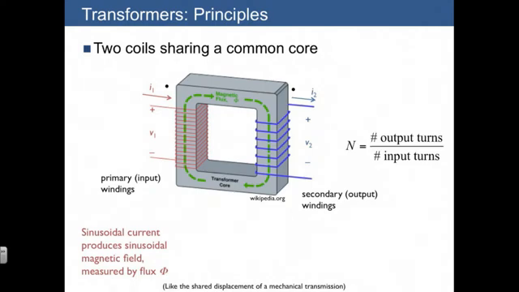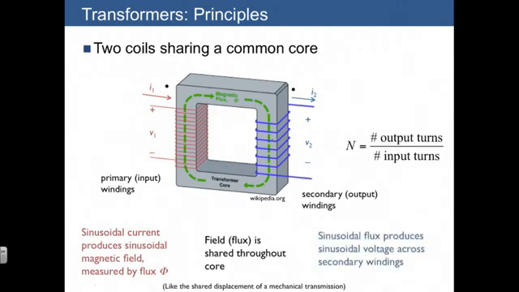What the sinusoidal current does is it induces a flux that's actually shared throughout the core. So that means that the secondary winding also feels the same magnetic field as the primary winding. And in this case, the effect is that the flux produces a sinusoidal voltage across the secondary windings.